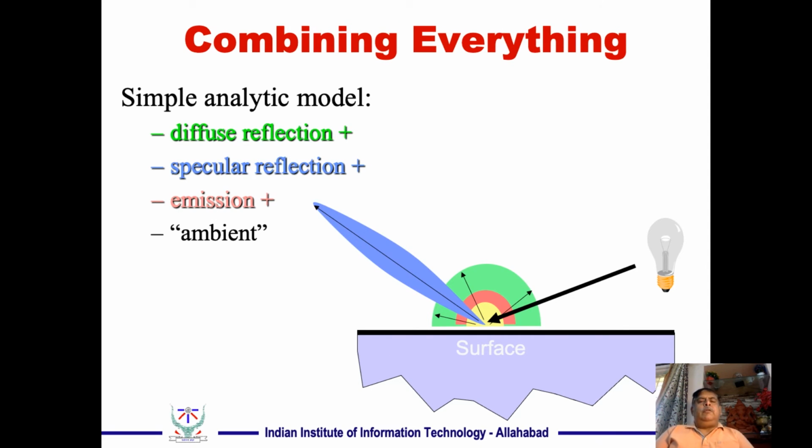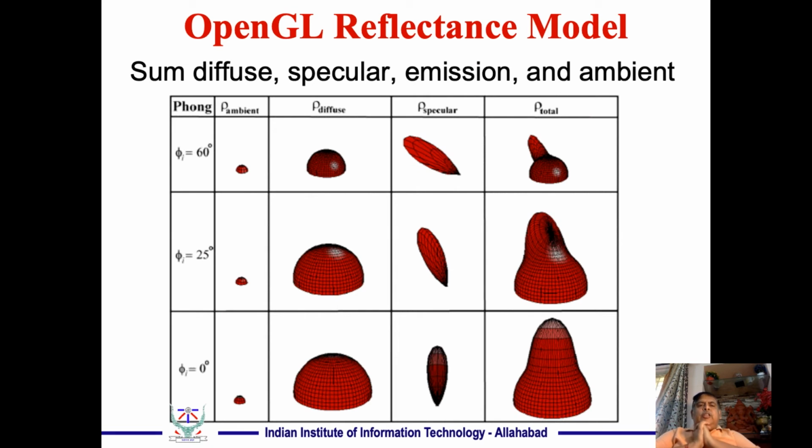So here the angle of incidence has changed, and due to the change in the angle of incidence, you see that the ambient radiation has reduced, and the specular reflection is also changing and becoming much sharper. In the OpenGL reflectance model, the sum of diffuse, specular, emission and ambient is shown here.